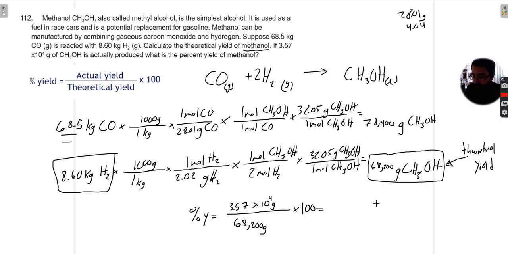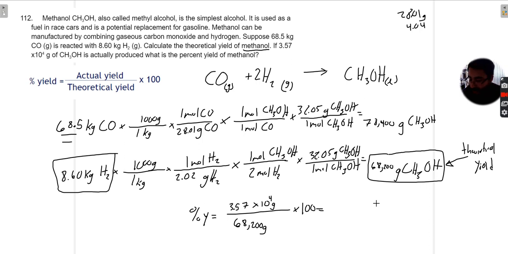Now, 3.57 times 10 to the fourth means we're moving the decimal 4 places, which brings it up to 35,700.